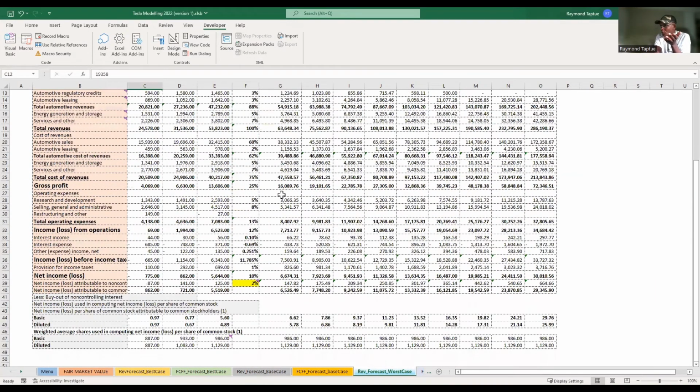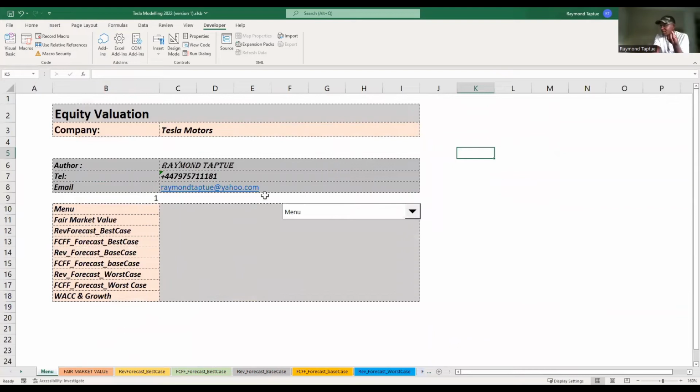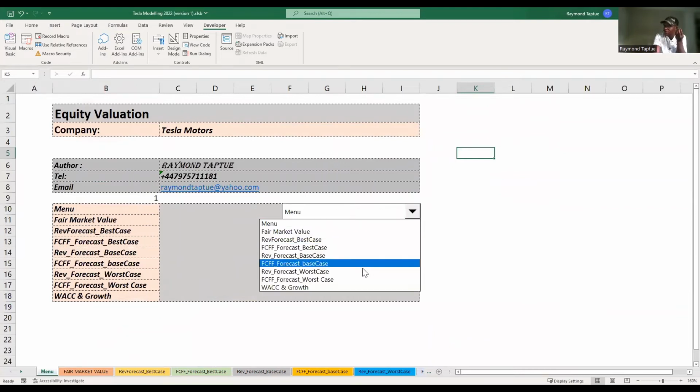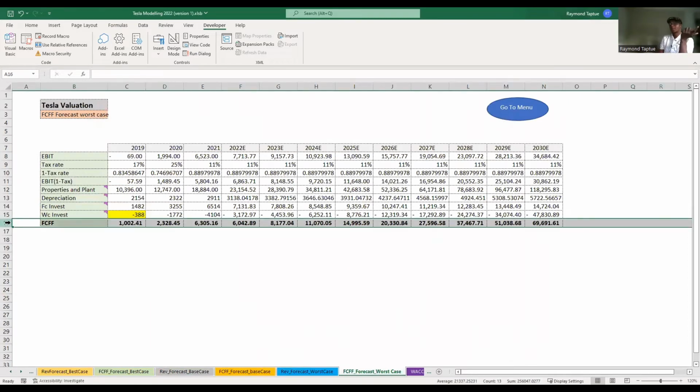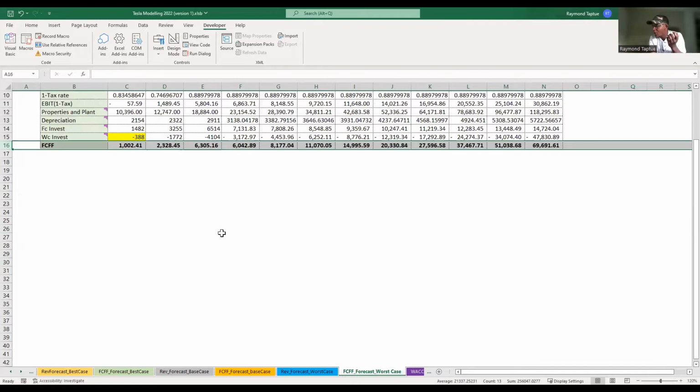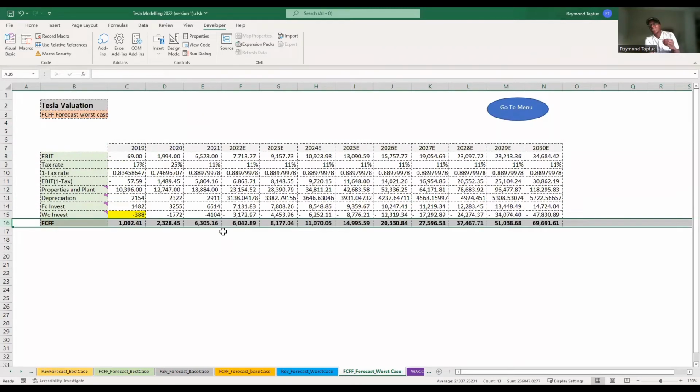So using the same approach, we can go back. We will need the other variable, which is the free cash flow to the firm forecast under the worst case scenario. And this is exactly what you have. So having forecasted our free cash flow to firm under the best case, the base case, and the worst case scenario, what else do we need?